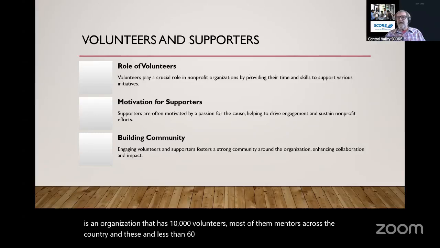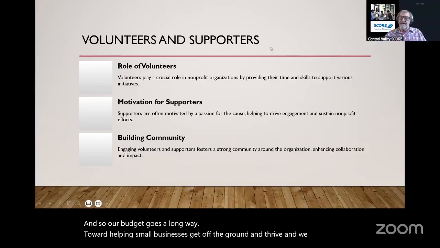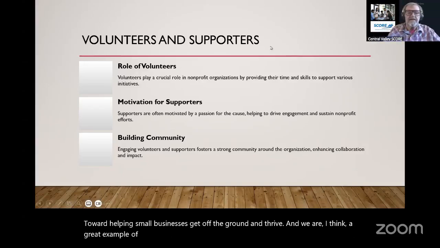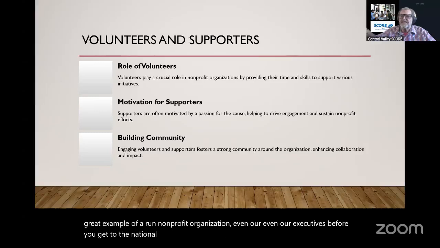And so our budget goes a long way toward helping small businesses get off the ground and thrive. And we are, I think, a great example of a well-run nonprofit organization. Even our executives, before you get to the national level, our regional vice presidents are all volunteers.